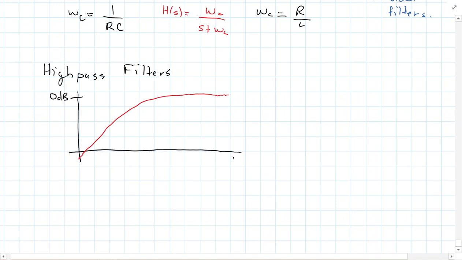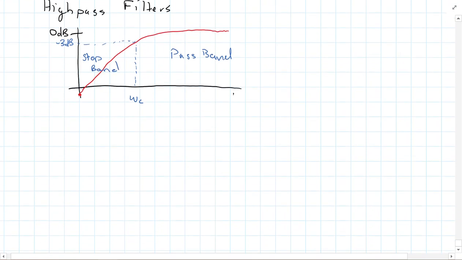And it does stop right here somewhere, because you can't obviously go to negative frequencies. But then again, we'll have some minus 3 dB point, and this will correspond to my cutoff frequency. Instead of letting the low frequencies through, we're letting the high frequencies through. So this is my pass band, and this is my stop band.